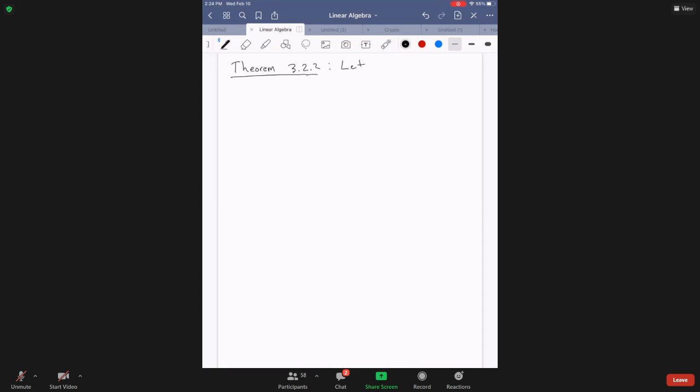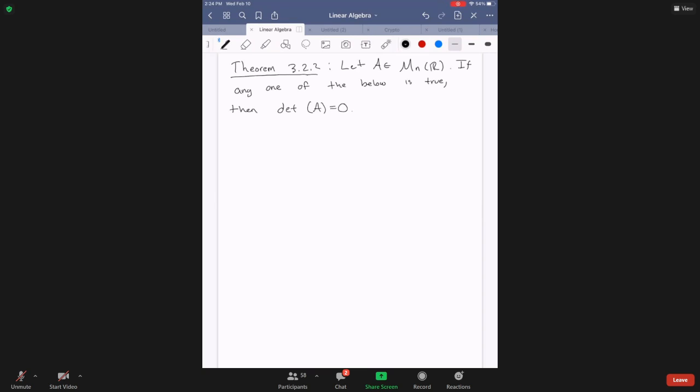Let A be an n by n matrix. If any one of the below is true, then the determinant of A will be 0.